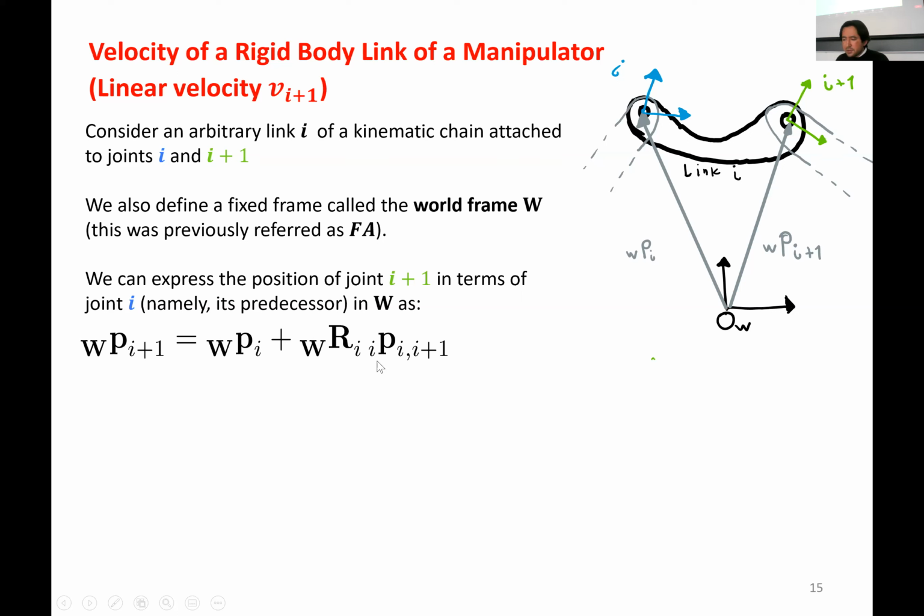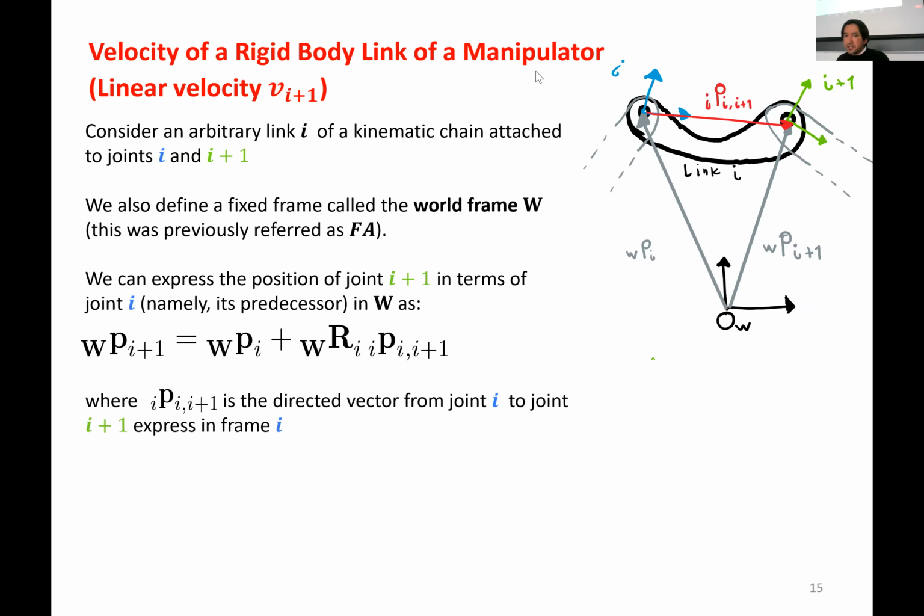We have the position of frame I expressed by this gray vector that points to frame I, the blue frame, and of course we can add vectors to get the next one. But in order to get that, we have this other vector that connects joint I and joint I+1. This vector is expressed with respect to I, so we need to multiply by a rotation matrix so that everything is expressed with respect to the same frame.